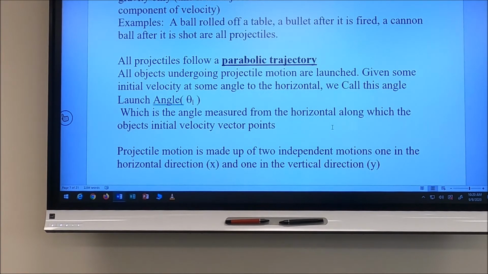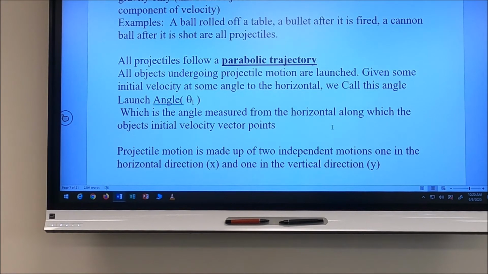Once it is launched, it's under the influence of gravity and gravity only. All projectiles follow a parabolic trajectory. All objects undergoing projectile motion are launched, given some kind of initial velocity at some angle to the horizontal. The angle at which it is launched is just called its launch angle.